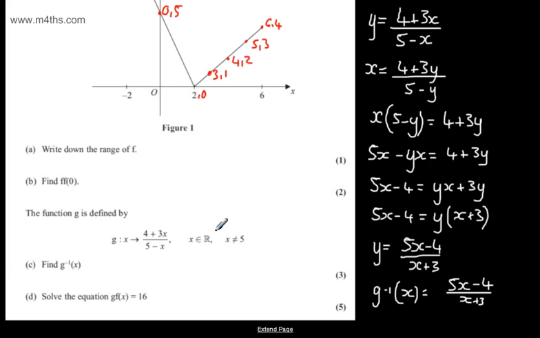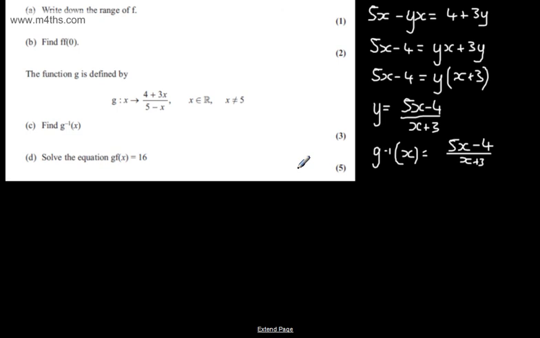In part D, we need to solve the equation g(f(x)) is equal to 16. The question carries 5 marks. So just writing this down, we've got g(f(x)) is equal to 16. Therefore, what I can say is f(x) will be equal to g to the -1 of 16.